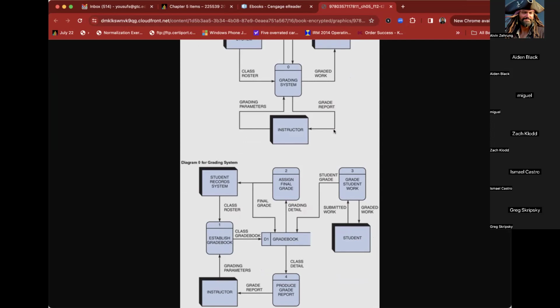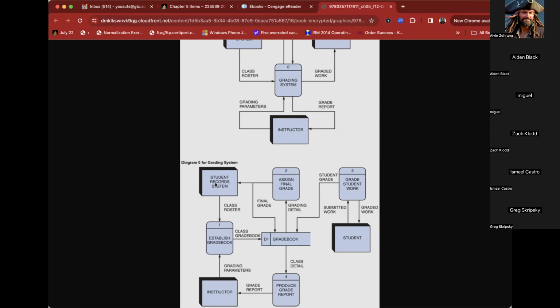Remember, you cannot add any more external entities. You can only have 3, but you can fit them in different places in the diagram. So for example, student will only work with grade student work. Student record will work with assign and establish, and instructor will work with produce and establish.